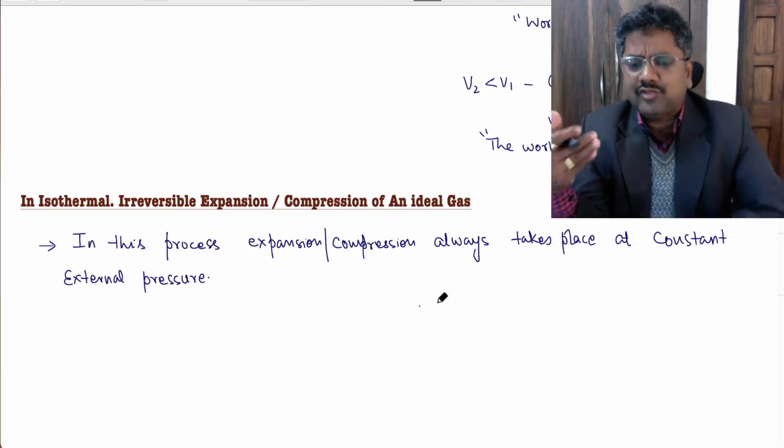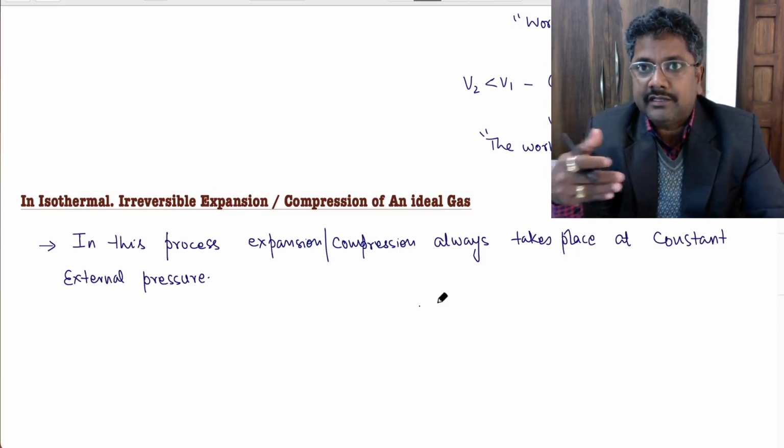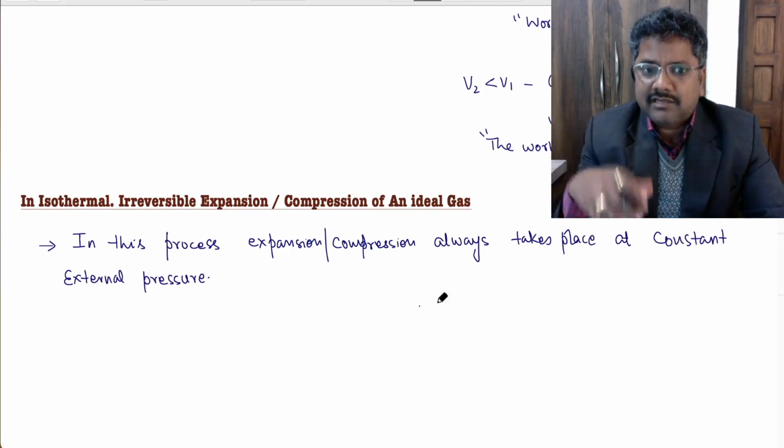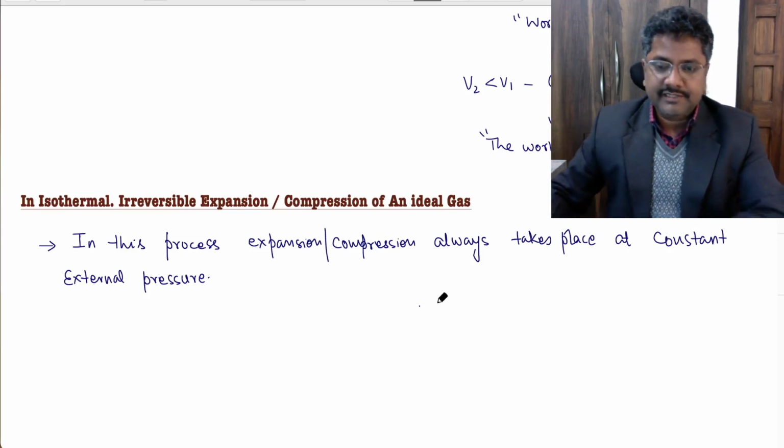And suppose a few steps are there, but it is relatively fast. When you take the reversible process, it completes in infinite steps, but the irreversible process completes in 2 or 3 steps, right?